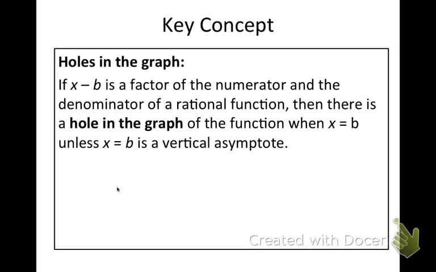It's not a vertical asymptote, it's going to be a hole in the graph. Don't worry about the second part. Just worry about the first part: hole in the graph.